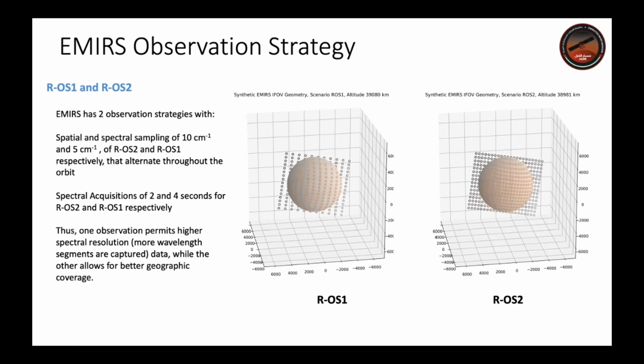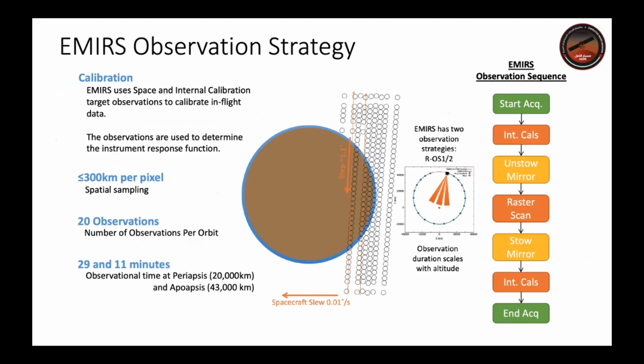EMIRS has different acquisition strategies depending on what altitude the spacecraft is at. This is an example of what these spots look like with time. In general, we don't differentiate between these modes; you can get all of this information in the header data. Here's what a typical EMIRS observation looks like.